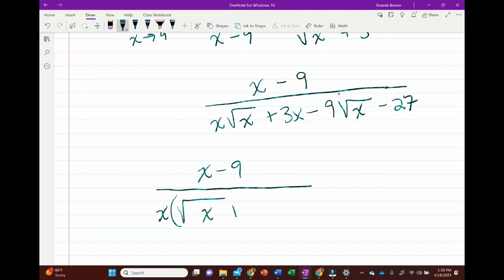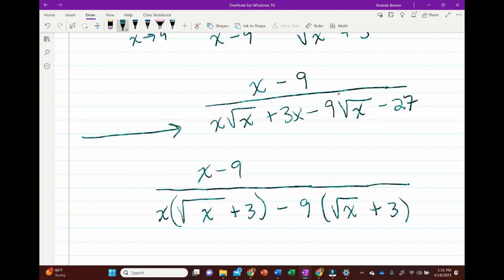Minus 9 times the square root of x plus 3. All right? So you see how we have the x and then the minus 9 and then the square root of x plus 3. See how all that comes out, because that's like GCF. If you do some factoring by grouping in this denominator, you should get what we got right there.